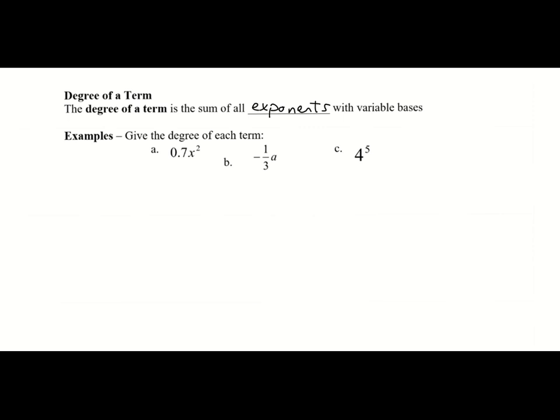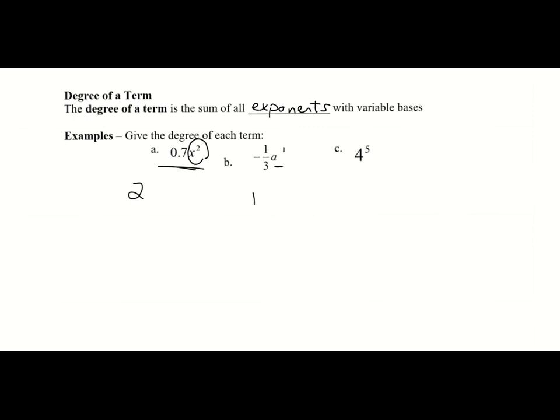So if we look at A here, and they ask us to give the degree of the term, we only have that x squared there. So the degree of the term is 2 because it's x squared. Now for B, we have one variable here, and it's A. Now there's no exponent on it, but remember, if we don't see it, that exponent is a 1.